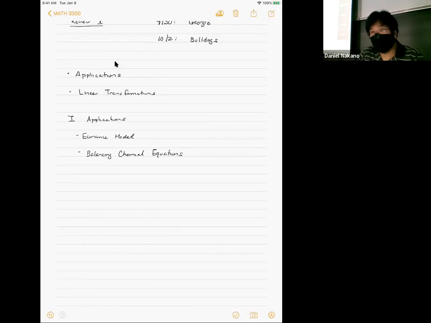I'll just look at these applications, we'll set up a linear system, and then you can do the rest at home if you'd like as practice, but I'm not going to necessarily go over the Gaussian eliminations.